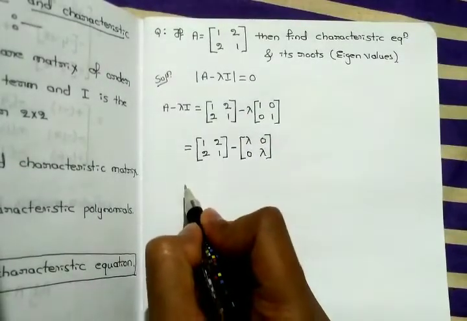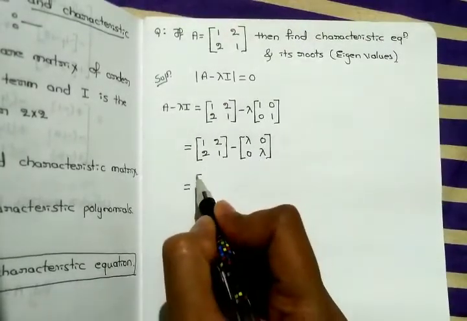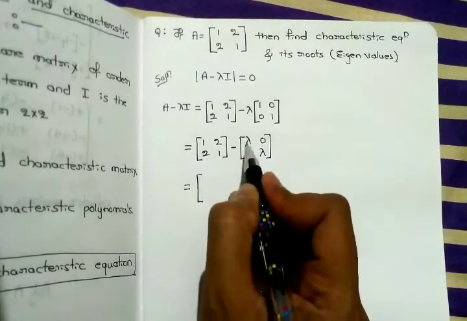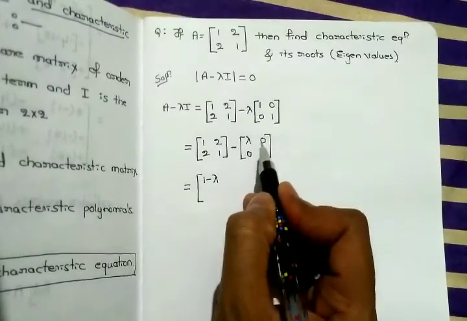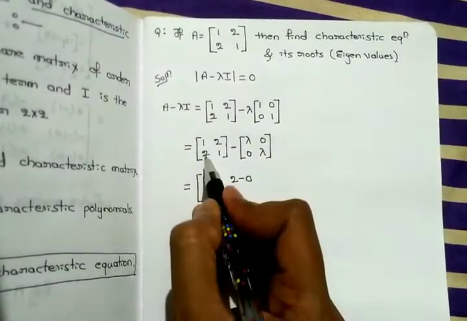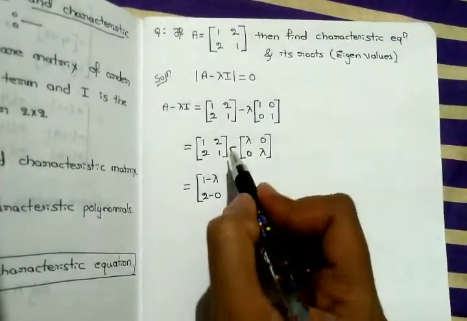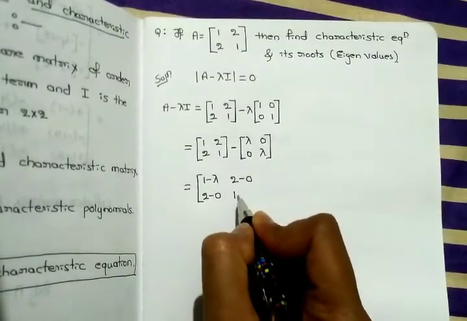So next, now subtract these two matrices. First, 1 minus lambda, first element with first element. Then 2 minus 0, 2 minus 0, again 2 minus 0, and last 1 minus lambda.